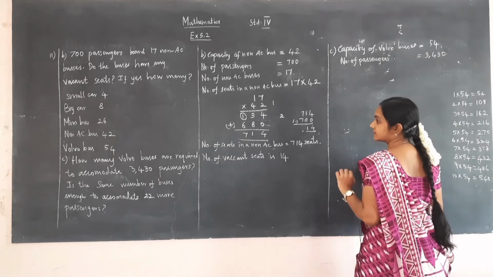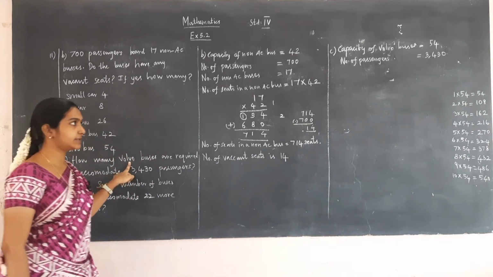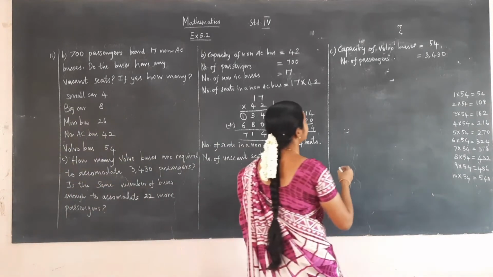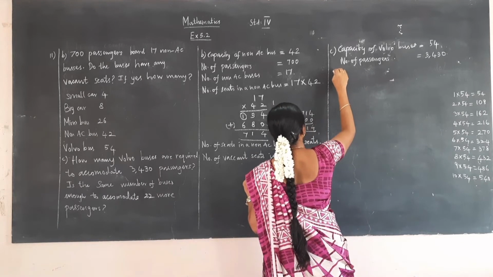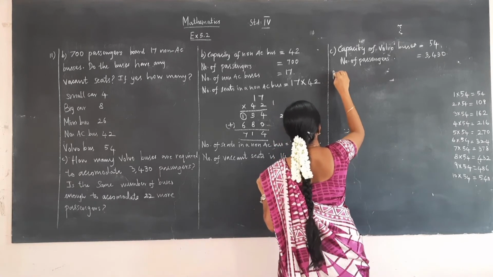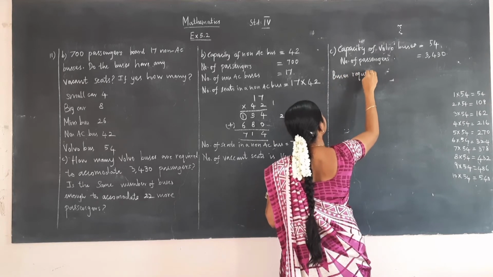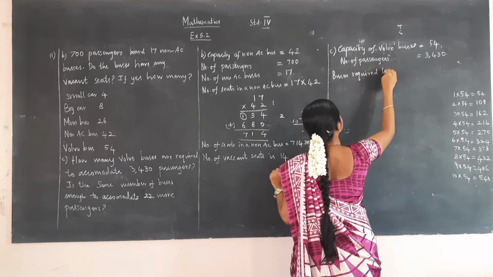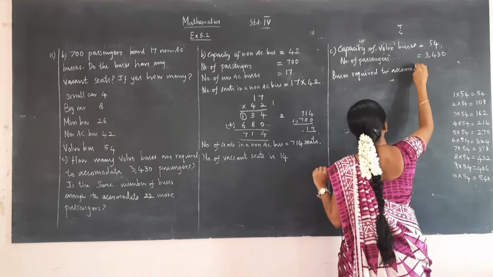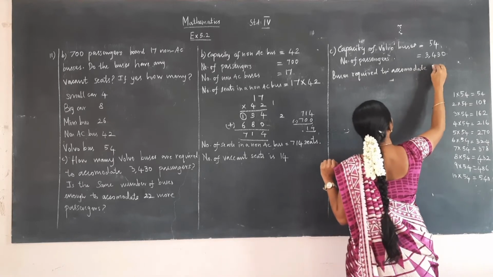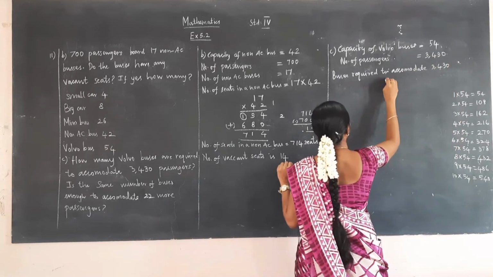What we have to find? How many buses are required to accommodate 3,430 passengers?